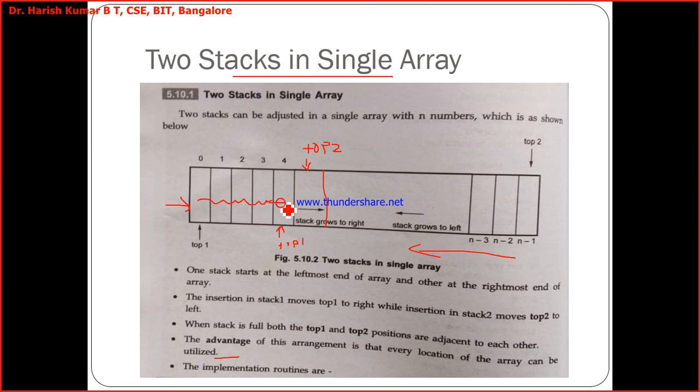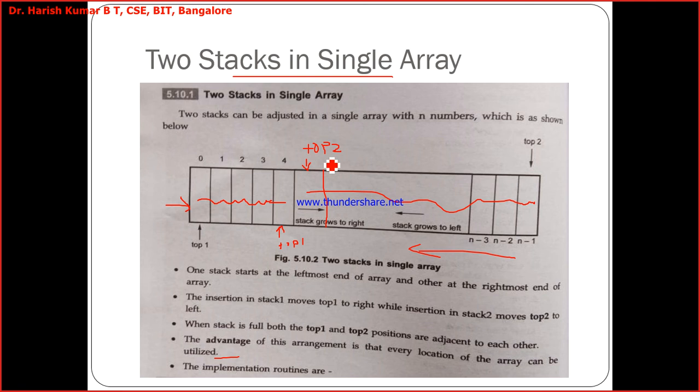Now if I want to insert one more into stack 1 using top 1, and top 2 is here, what does it mean? All these locations are occupied. Top 1 is pointing to this, top 2 is pointing to this. Now if I try to insert one more into stack 1, then top 1 plus 1, if it is equal to top 2, what does it mean?